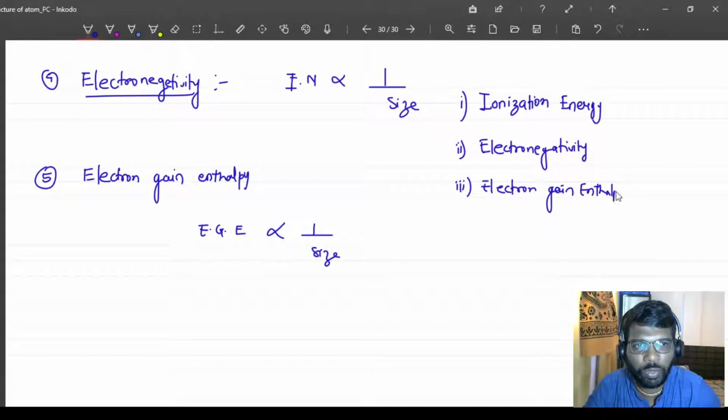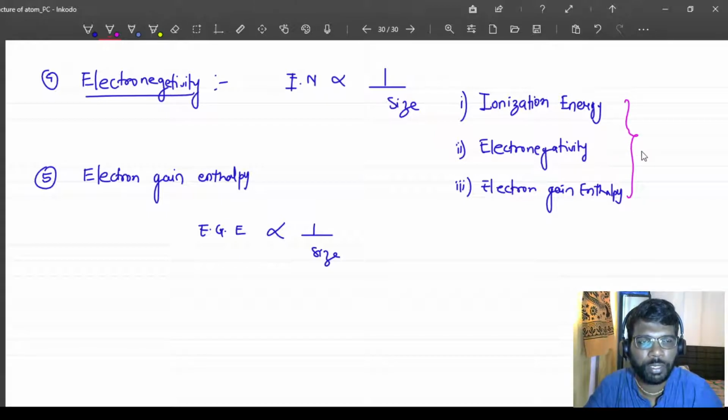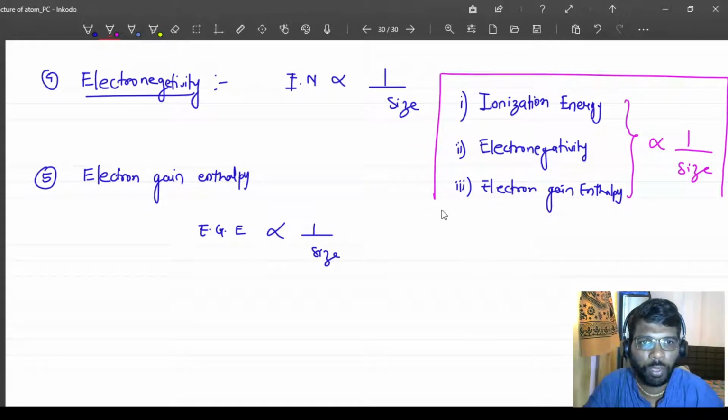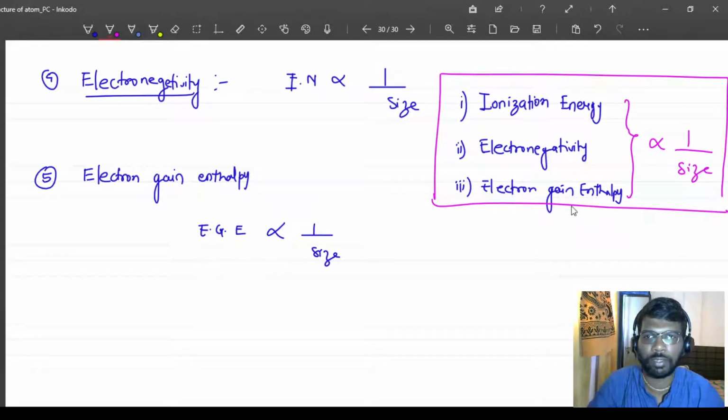Not only with respect to these elements, this is applicable to all the elements. All these properties are inversely related to the size. Keep this in mind, it will help you a lot. You can apply these trends anywhere. So as we go down the group, ionization enthalpy will decrease, electronegativity will decrease, and electron gain enthalpy will also decrease.